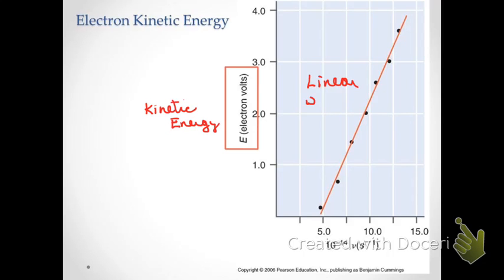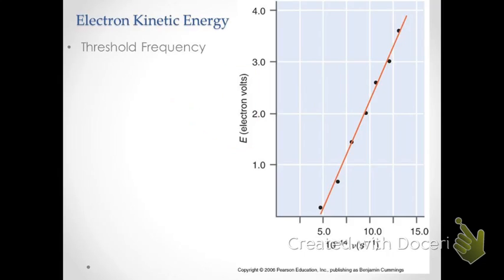And once again, if we take a look at this, we'll see that the kinetic energy of these ejected electrons increases as we increase the frequency. In fact, we see that it's linear here in this particular plot, that we have this relationship again between energy and frequency. The other thing that's important is that not only does the energy increase as we increase the frequency, there is a threshold frequency below which no electrons will be ejected.